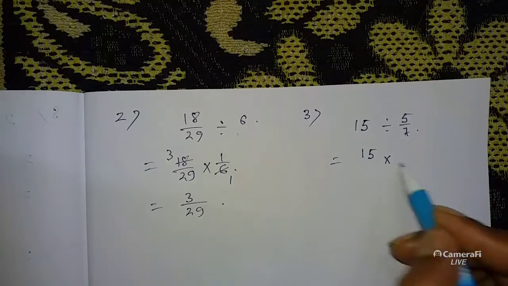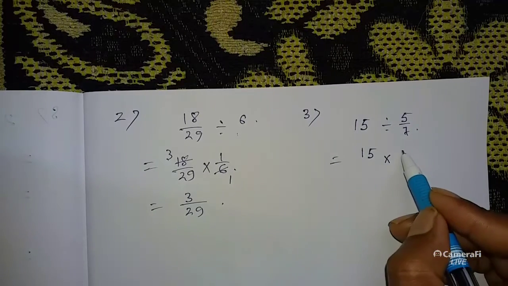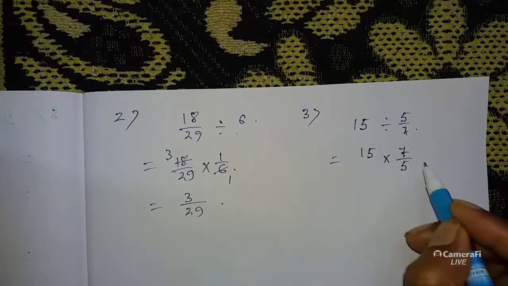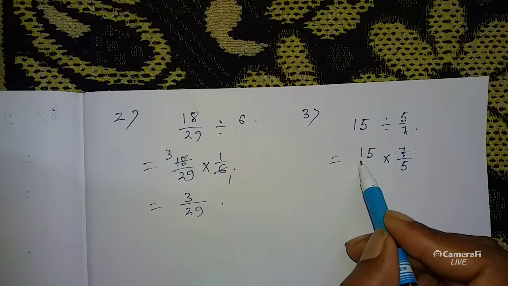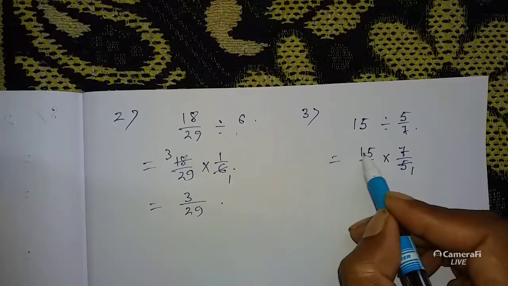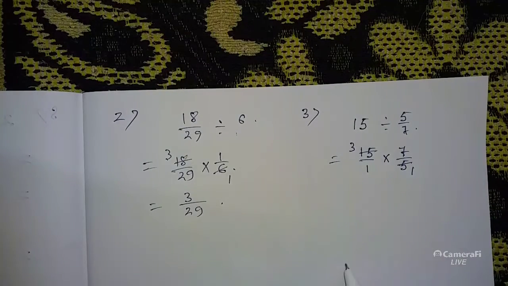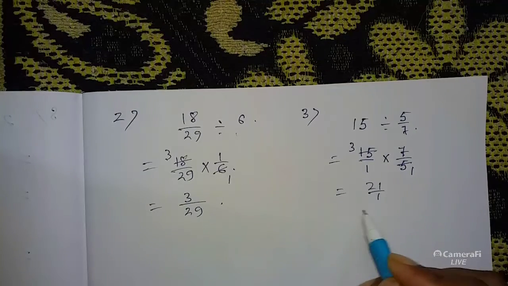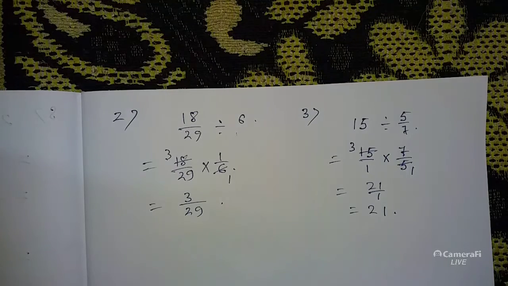As we change it into a multiplication sign, we take the reciprocal of 5 by 7, that is 7 by 5. Yes, you can take the denominator for 15 as 1. Now you can simplify. 5 ones are 5, 5 threes are 15. So we get 3 multiplied by 7, 21 by 1, that is, 21 is the answer. Okay.